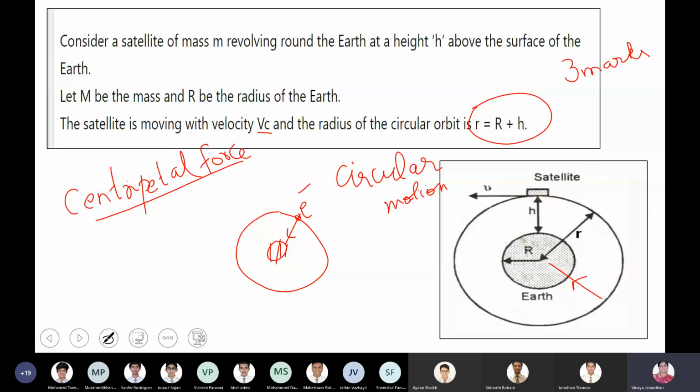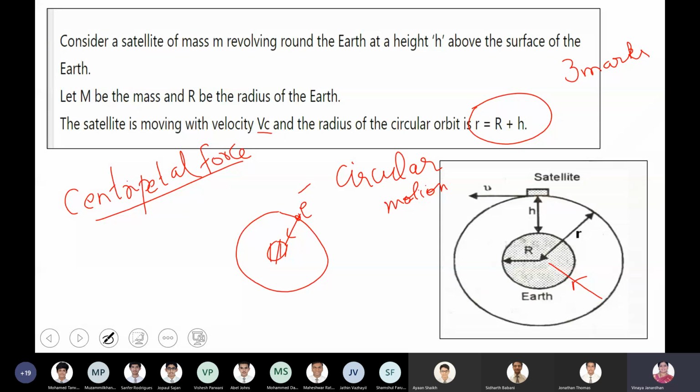The force exerted by the nucleus on the electron provides the centripetal force. What makes the planets revolve around the Sun? The force exerted by the Sun on the planets provides the centripetal force. Otherwise, Earth cannot move around the Sun.